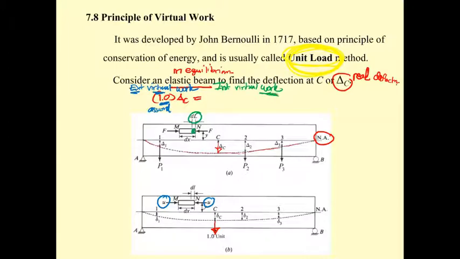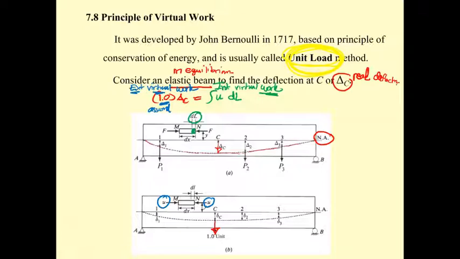So what is the work? The work is going to be the force u due to the assumed 1.0 unit, times the deformation of that element of the beam, dl. Since this is a beam, the whole beam, you have to do the whole integration. By doing this, you get the so-called virtual work equation.